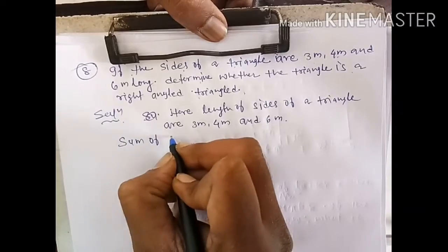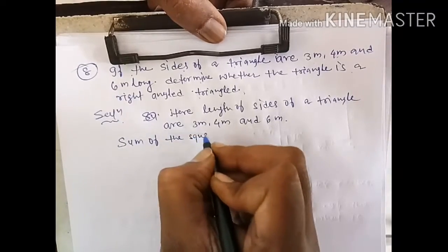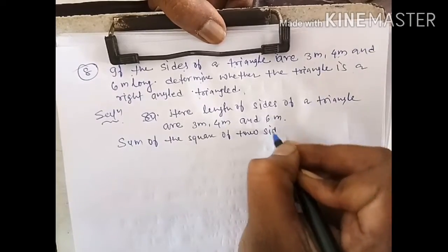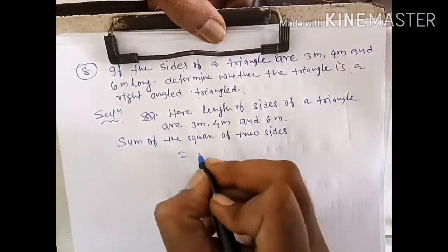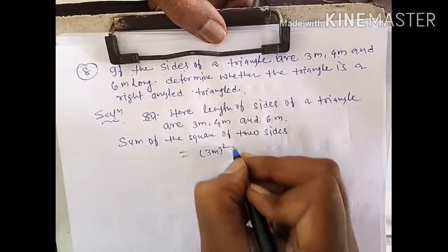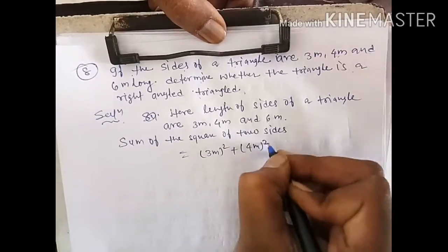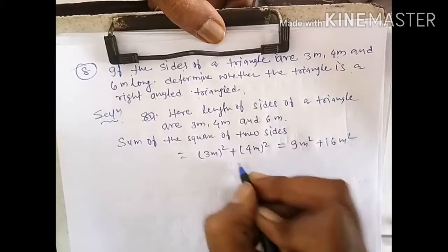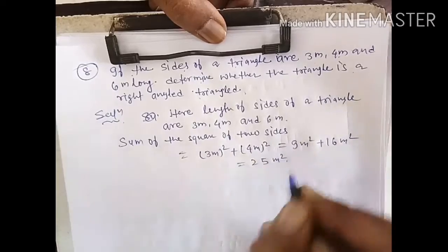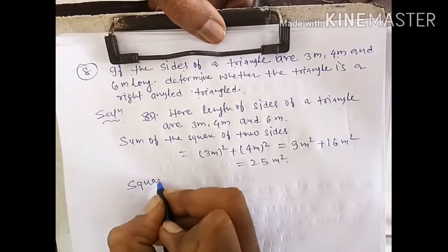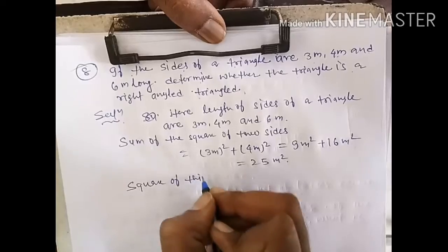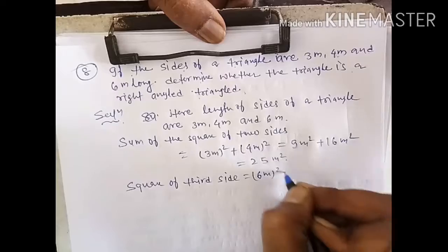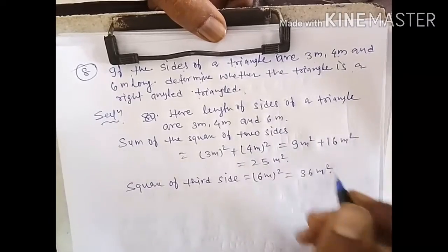Sum of the squares of two sides is equal to 3 meter square plus 4 meter square, that is 9 meter square plus 16 meter square, that is 25 meter square. Square of the third side is equal to 6 meter square, that is 36 meter square.